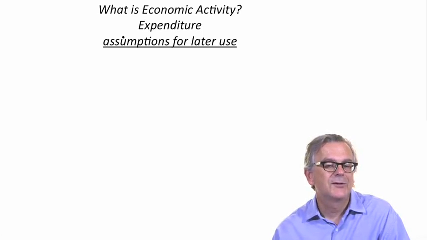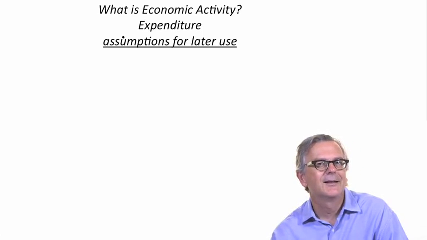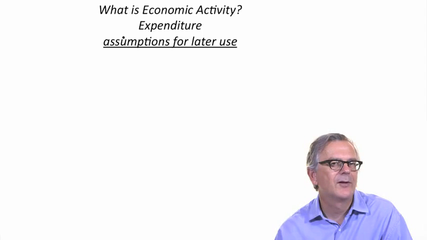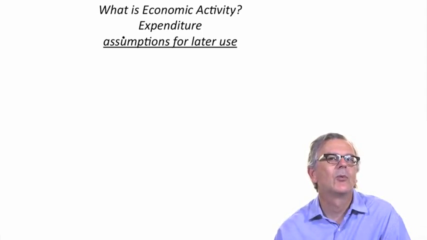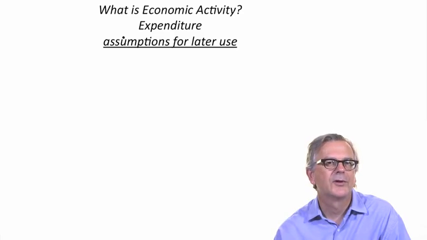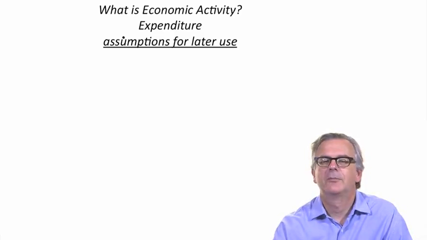So these assumptions are not meant to conform to reality. They don't. What they're meant to do is to simplify our analysis so that we can then focus on the key aspects of the real world that are going to be important for determining macroeconomic outcomes.